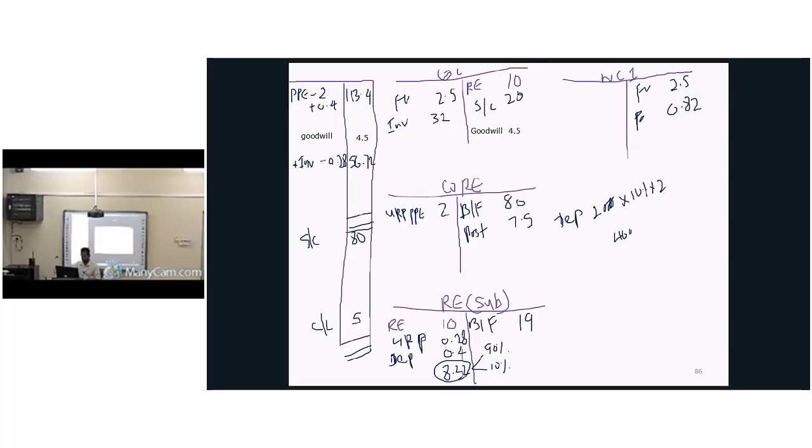And consolidated retained earnings, it is 8.55.